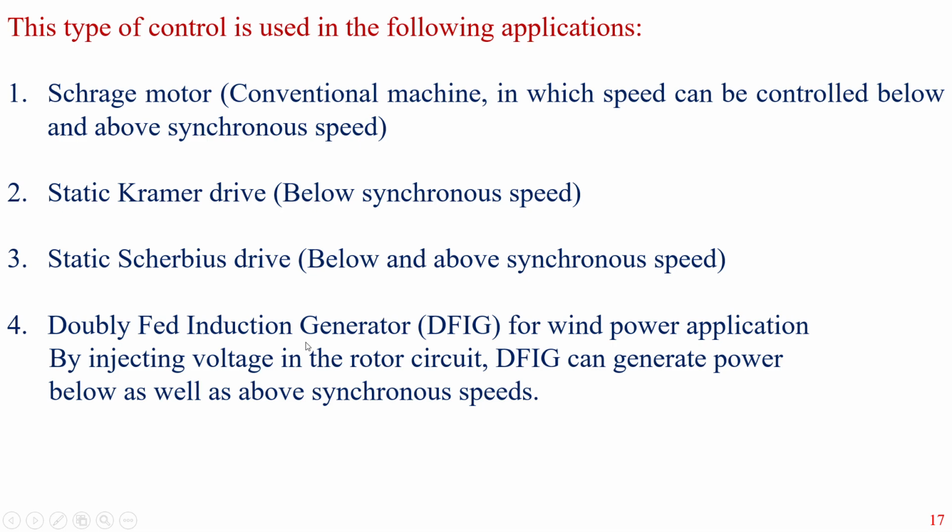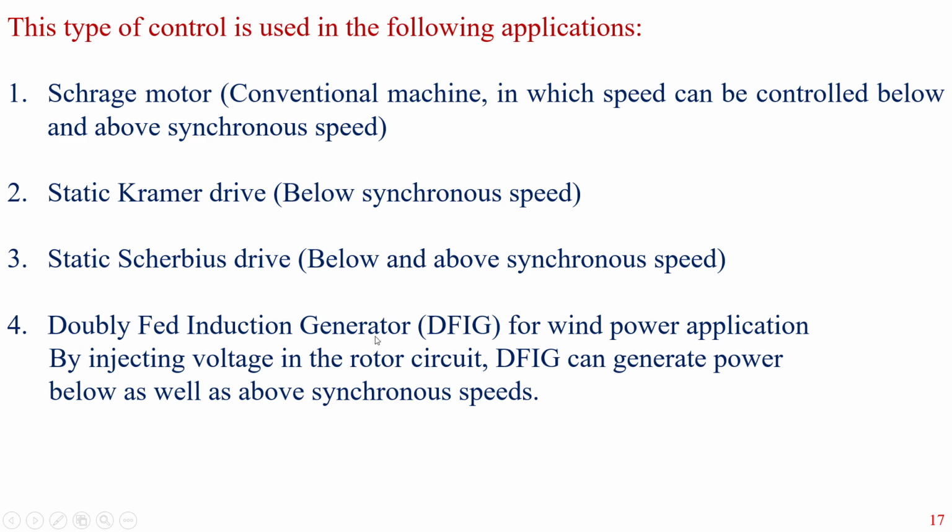Coming to the fourth one, in wind power generation, if a squirrel cage induction machine is used, the machine should be driven above synchronous speed to operate in generating mode. If a slip ring induction machine is used, it is fed from the stator as well as the rotor.